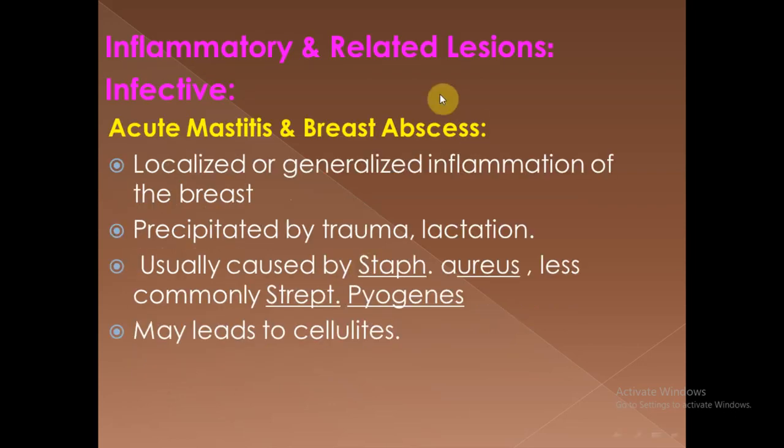The inflammatory diseases of the breast include, as we mentioned, either infective or non-infective. The infective include acute mastitis, breast abscess, and chronic mastitis, which include chronic non-specific mastitis and granulomatous mastitis.